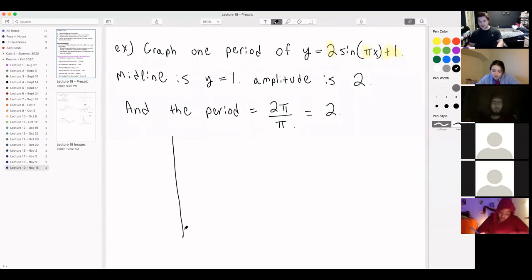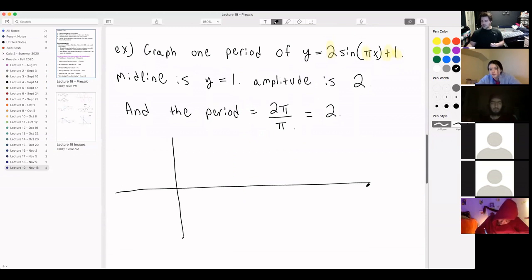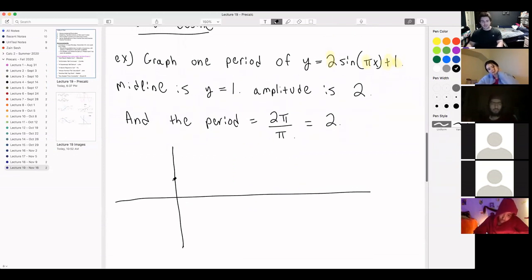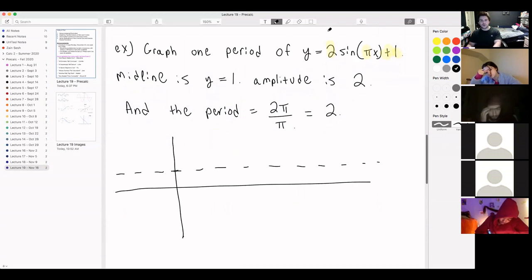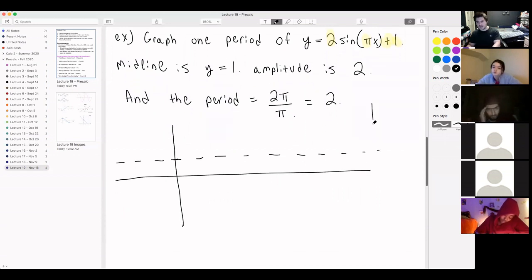All right, so this is what you do. You draw an XY axis. Personally, I go to the midline and draw a dotted line. Okay, very good. Now just recall, we're doing sine. Just off to the side here, you remember sine has this shape.